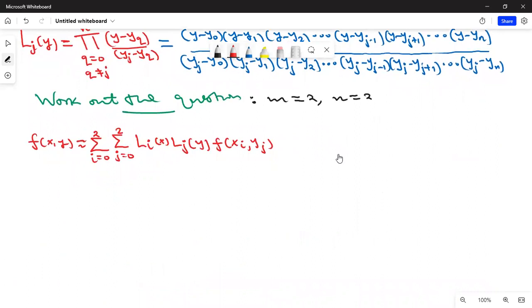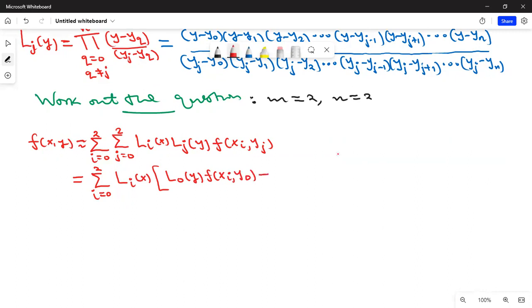Let's open up this summation. It is the same as the sum from i equals 0 to 2 of Li of x. You start by opening the inner summation. The inner summation will now give us, when j is 0, L naught of y, f of xi, y naught.